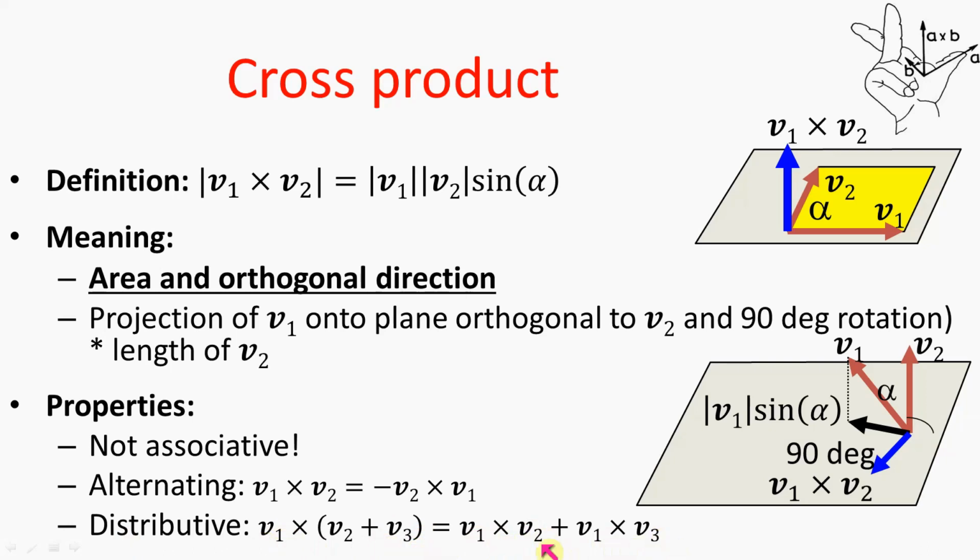The proof that cross product is distributive is based on our geometric interpretation because, again, cross product is a projection, and we have seen that projection is distributive operation plus a 90-degree rotation, and rotation is also a distributive operation, and finally a scaling, and scaling is a distributive operation as well.